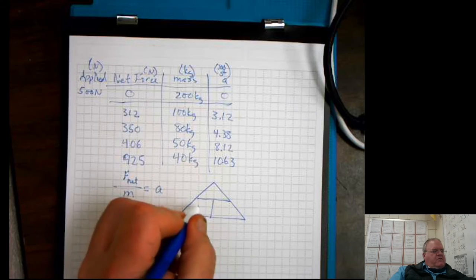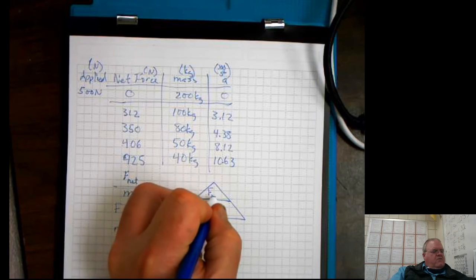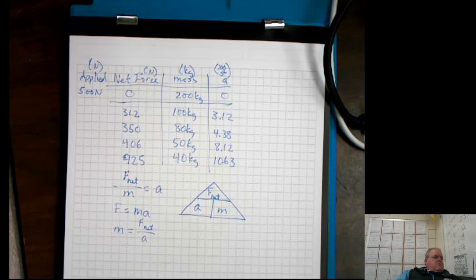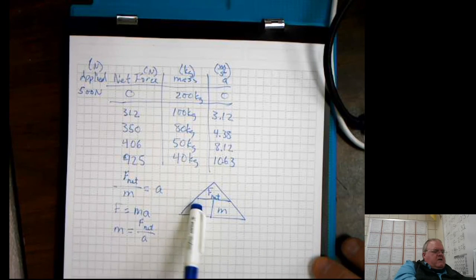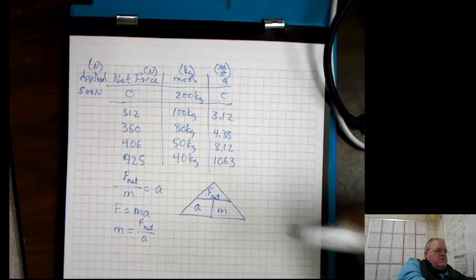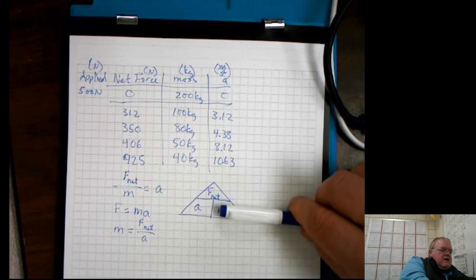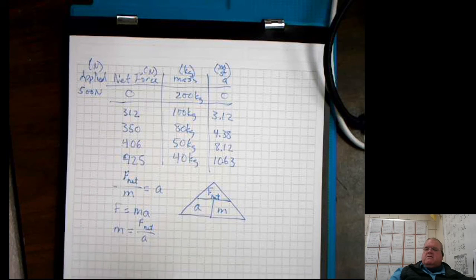And I'm going to say that A equals my net force divided by my mass. So to get these three equations: A equals F over m, F equals A times m, and m equals the net force divided by A. So basically this is Newton's second law of motion.